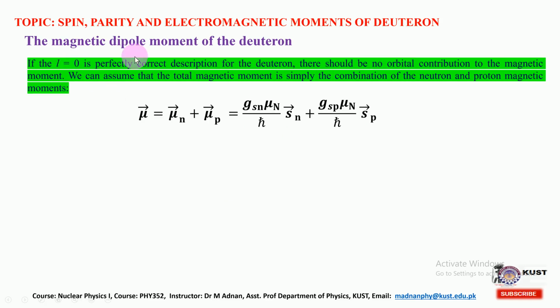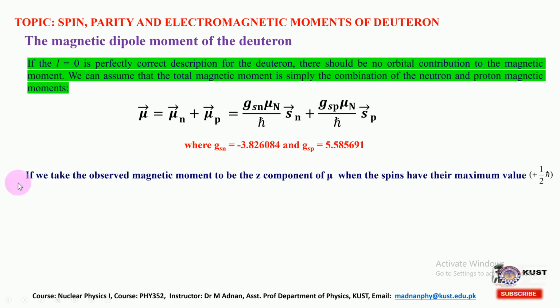So in that situation, the magnetic moment definition, we have discussed these definitions in our previous lecture, there will be no magnetic moment associated with L since L is equal to 0, so that does not contribute to any angular momentum. So the total magnetic moment of the deuteron is due to the magnetic moments of the neutron and proton, and these parameters are standard numbers that we have discussed previously and also given in various tabulated form.